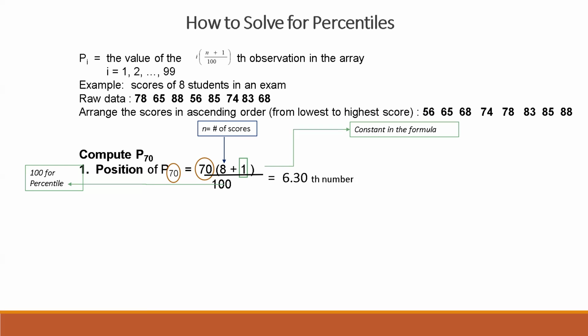This 6.30 tells us that the 70th percentile is somewhere between the 6th and 7th positions or observations or scores. That is between the scores 83 and 85. In particular, it is 30% of the distance between them. So, the 70th percentile is calculated as the following.